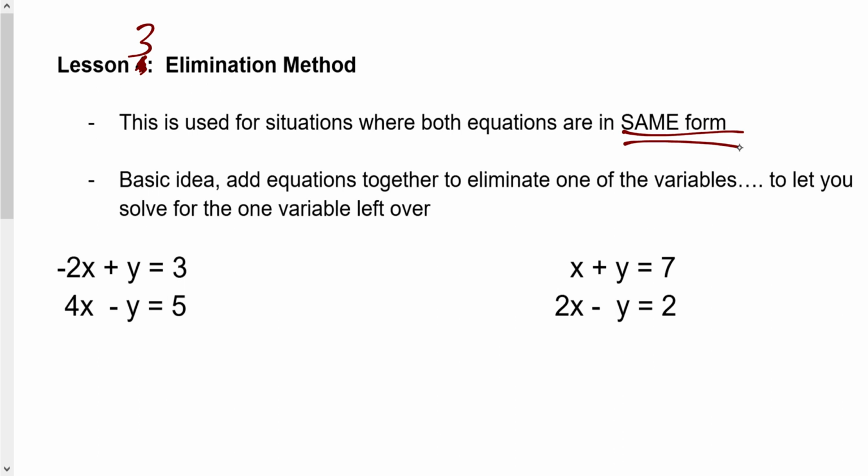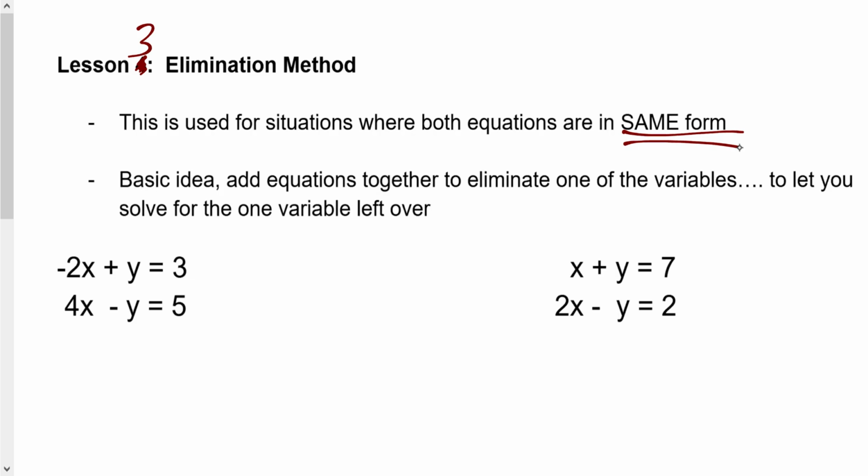You'll either get rid of the x's when you add them, or you'll get rid of the y's. Okay? And once you're able to get rid of one of those letters, then you're able to solve for the remaining letter. That's kind of like substitution method, isn't it? We would substitute a letter in for another letter. So instead of having an x and a y in the equation, suddenly you're looking at an x and an x. Does that sound about right? Well, that's what's going to happen here.